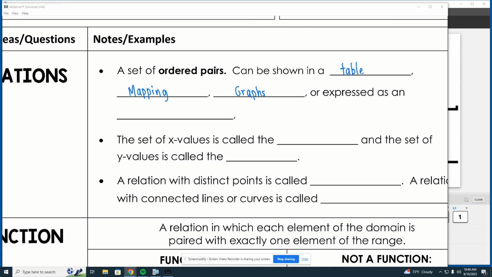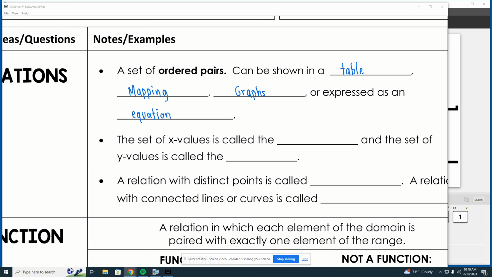And then the last one is that they can be expressed as an equation. So we're going to see these ordered pairs, these X's and Y's, in a bunch of different ways: tables, ordered pairs, mappings, equations, or on a graph.